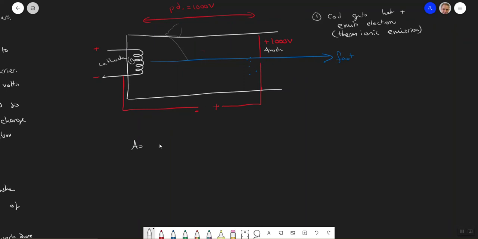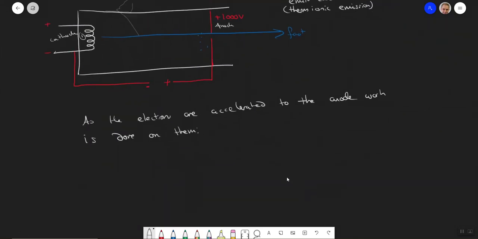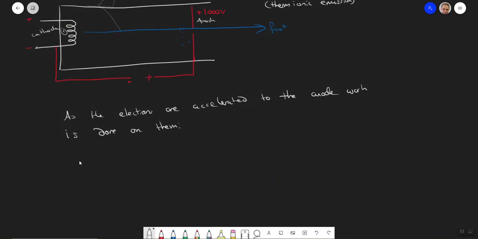So as the electrons are accelerated to the anode, work is done on them. So how much work? Well, the work done is equal to the charge times the voltage.